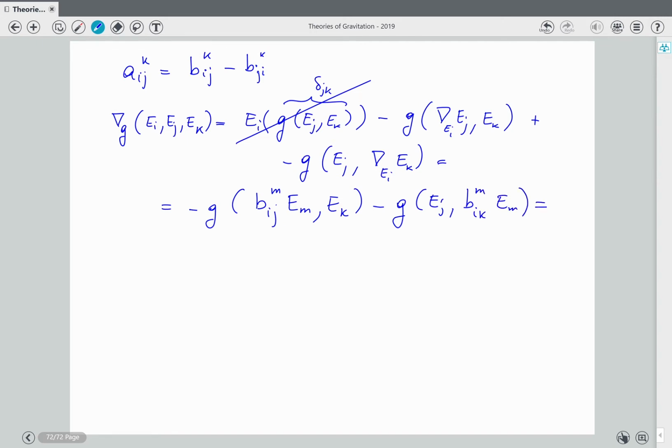Now this is simple because this is the metric contracted with these two vectors, and we have these coefficients. They go out because the contraction is a multiplication. There are no derivatives here. And we remain with g of e_m e_k, which is a delta of mk, same delta.